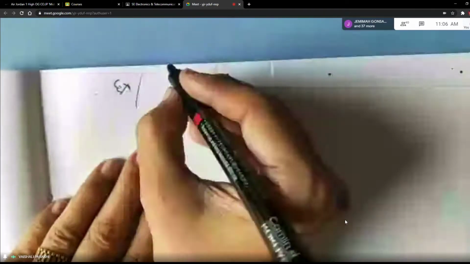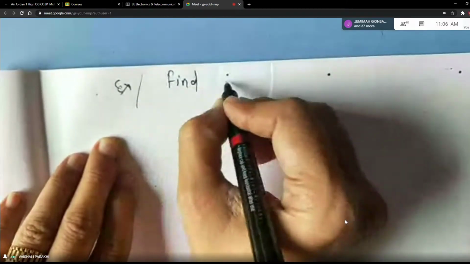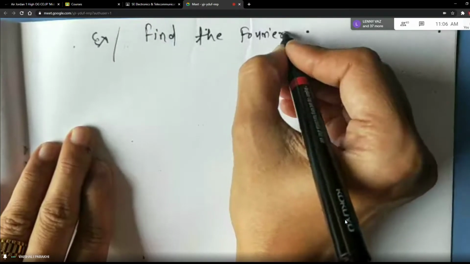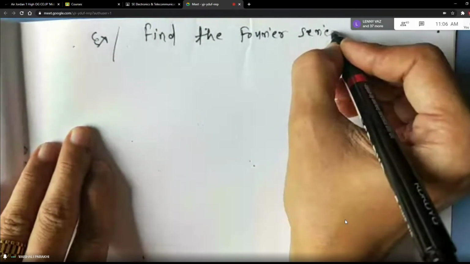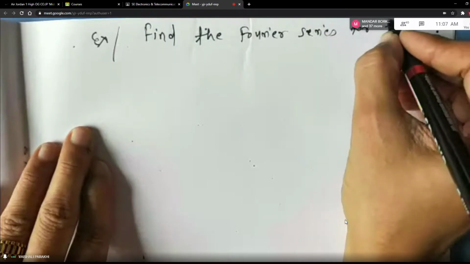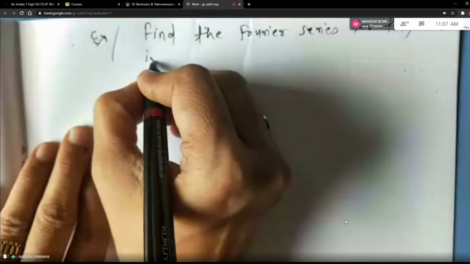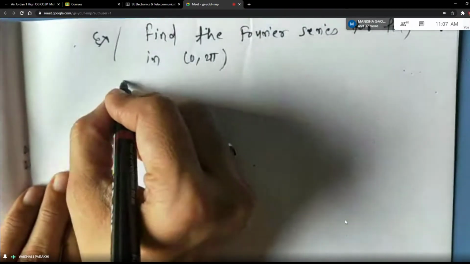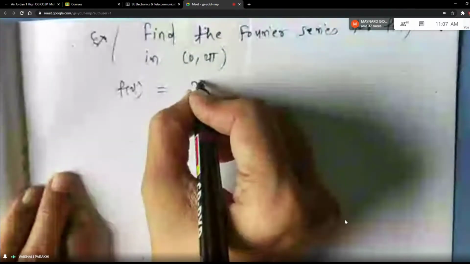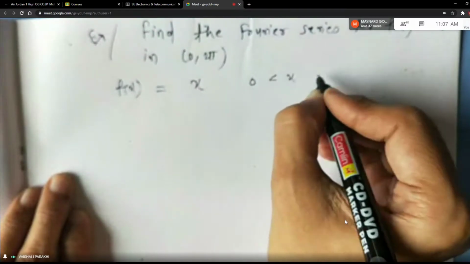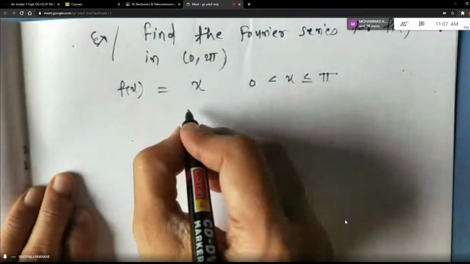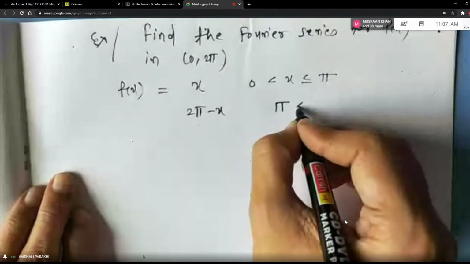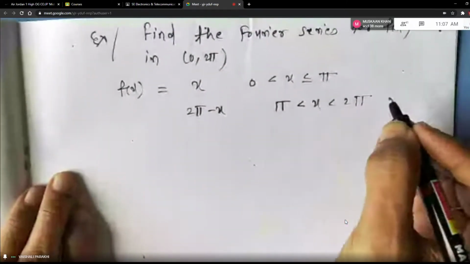Find the Fourier series for f of x in the interval 0 to 2 pi, where f of x is equal to x when 0 is less than x less than or equal to pi, and it is 2 pi minus x if pi is less than x less than 2 pi.